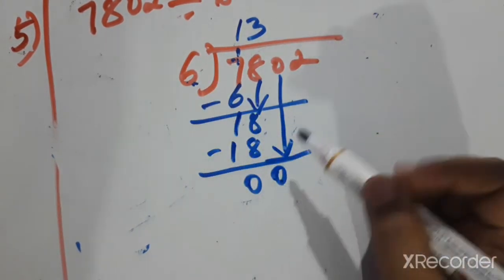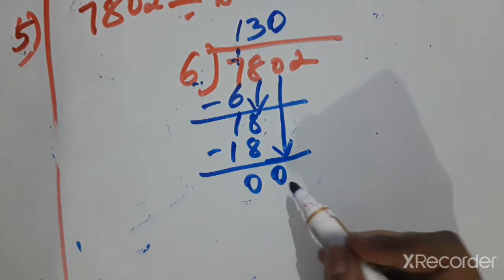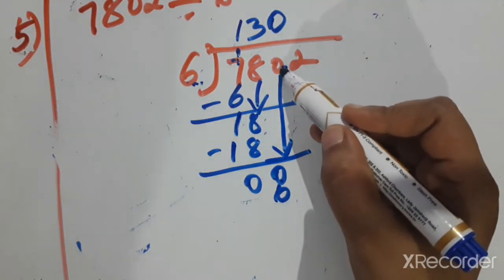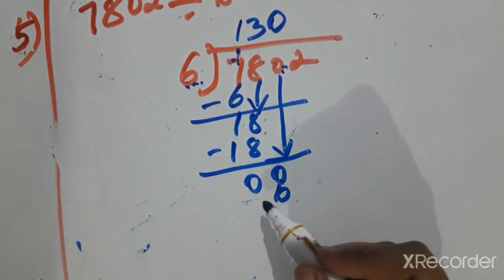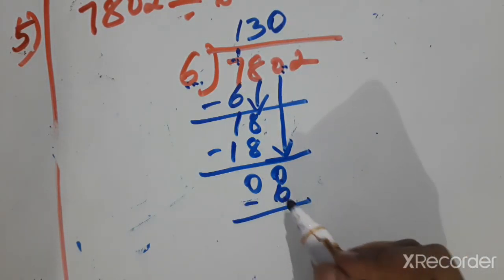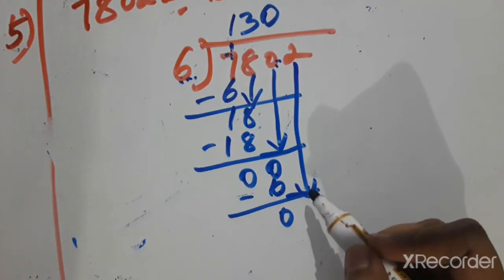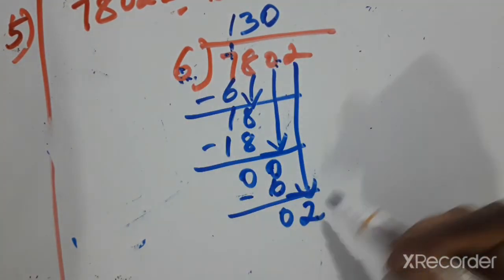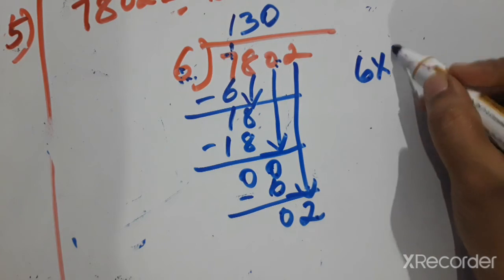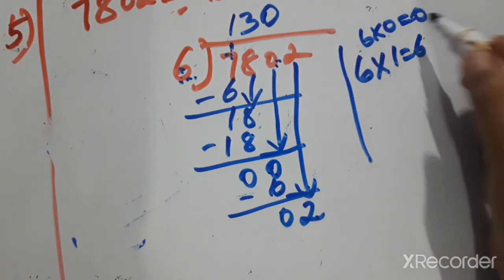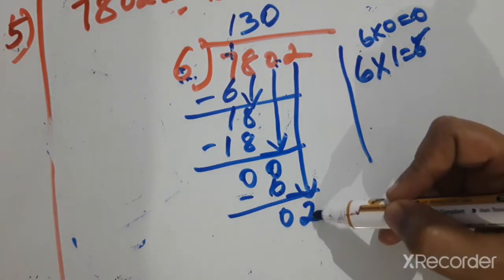6 how much are 0? 6 zeros are 0. 0 has a value because it is in the question. Okay, 0 has a value. 6 zeros are 0. 0 minus 0 is 0 only. Now bring this 2 down. 6 how much are 2? 6 ones are 6, which is greater than this number.